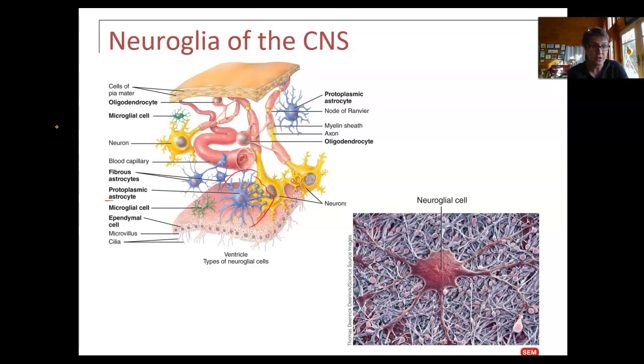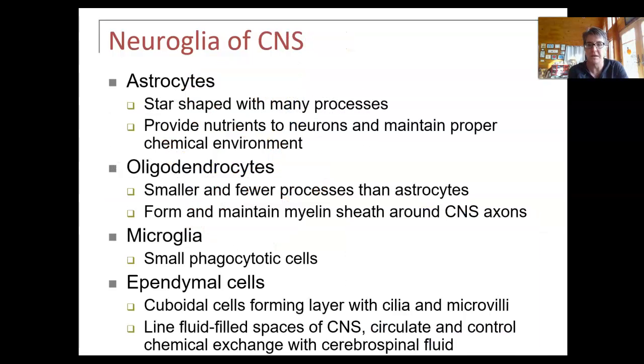Astrocytes guide neurons when they're moving and migrating where they need to be. And they are providing nutrients to the neurons. They're kind of like the nursemaid of the neuron, the housekeeper of the neuron, cleaning everything up.